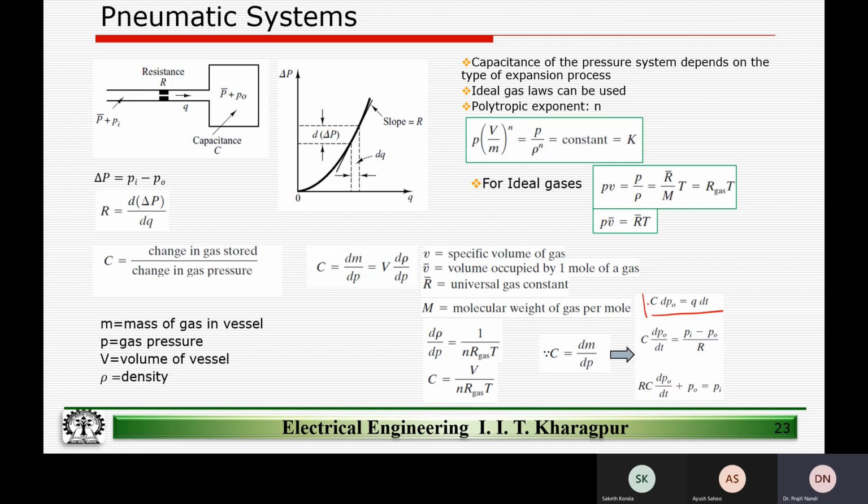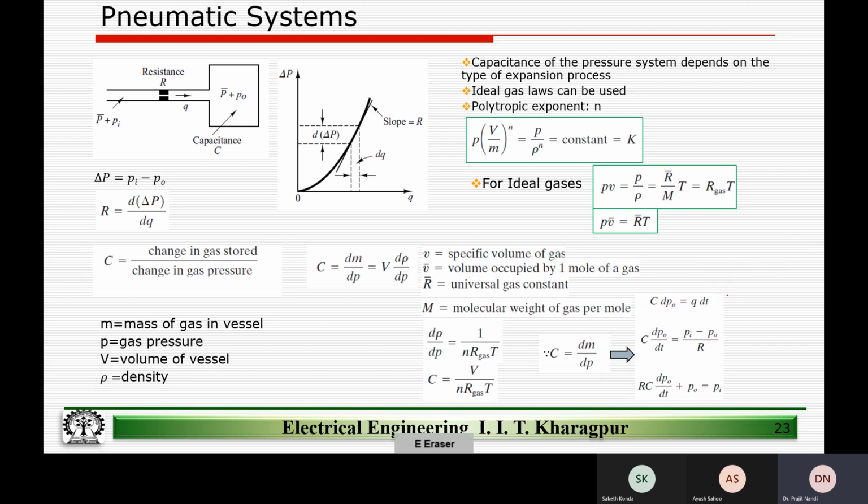We said that capacitance equals the change in the mass of the gas stored per change in the gas pressure, so del M by del P. Then C multiplied by del P, the change in the pressure, equals the flow rate multiplied by the time, which will give del M. So del M is Q into del T, the flow rate multiplied by the time is the incremental change in mass, and divided by del P is the capacitance, right?